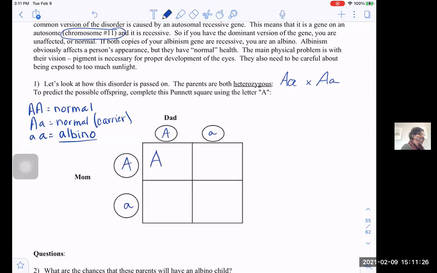And really nothing has changed since we started filling in Punnett squares. The only thing that's different now is you need to be able to tell who of these offspring would be albino or not. So knowing that this is autosomal recessive, you should be able to answer questions about these offspring.